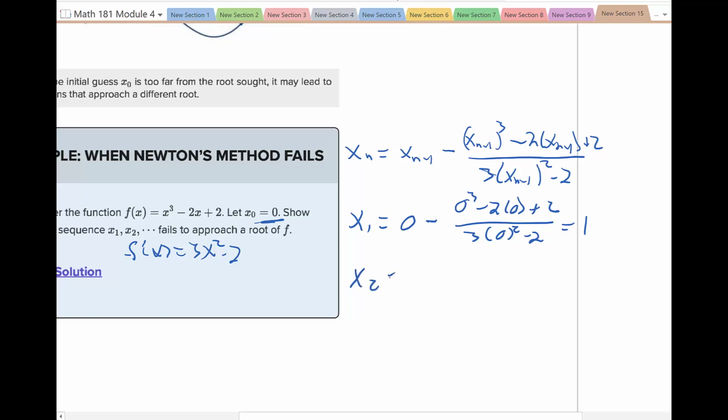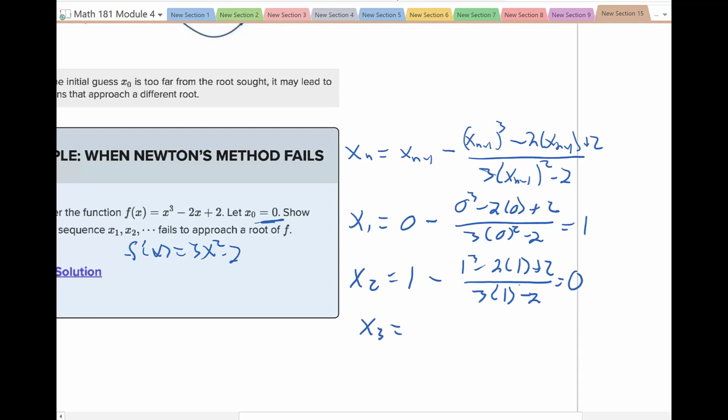My x2 is going to be 1 minus 1 cubed minus 2 times 1 plus 2 over 3 times 1 minus 2. And from that, I get a 0. So what do you think the x3 is going to be?